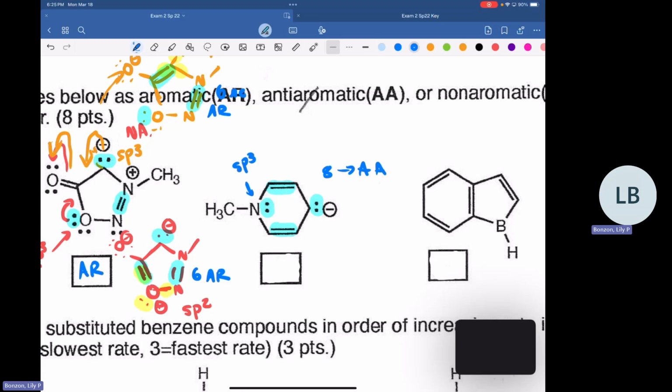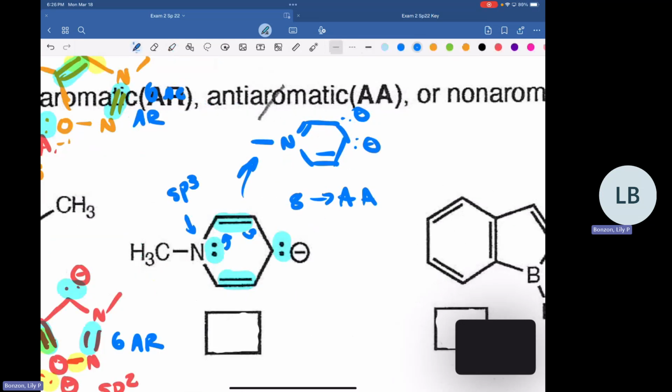And if we do the resonance, we can make the nitrogen become sp2. So in this resonance structure up here, this nitrogen is now sp2 because it's just got the 3 bonding regions. However, even in this structure, when we look at our pi electrons, we've got 2, 4, 6, 8.